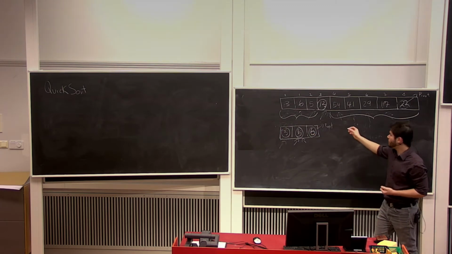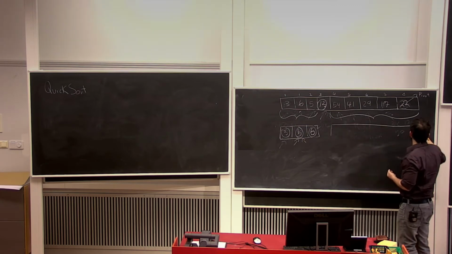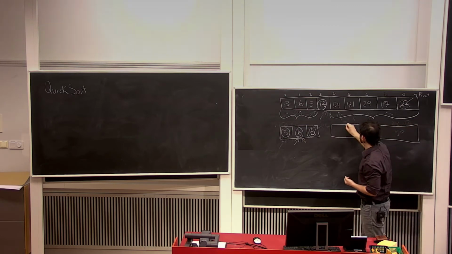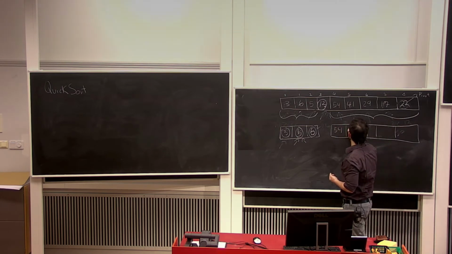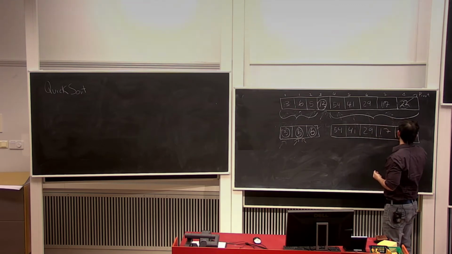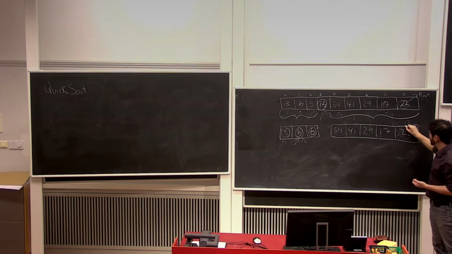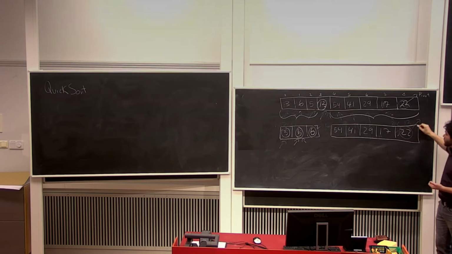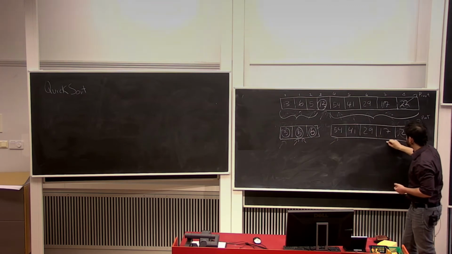So now we apply quicksort again to the right partition: 54, 41, 29, 17, and 22. Again, we select 22 as the pivot because it's the rightmost element. This is our pivot. And we set the pointers, and we compare.